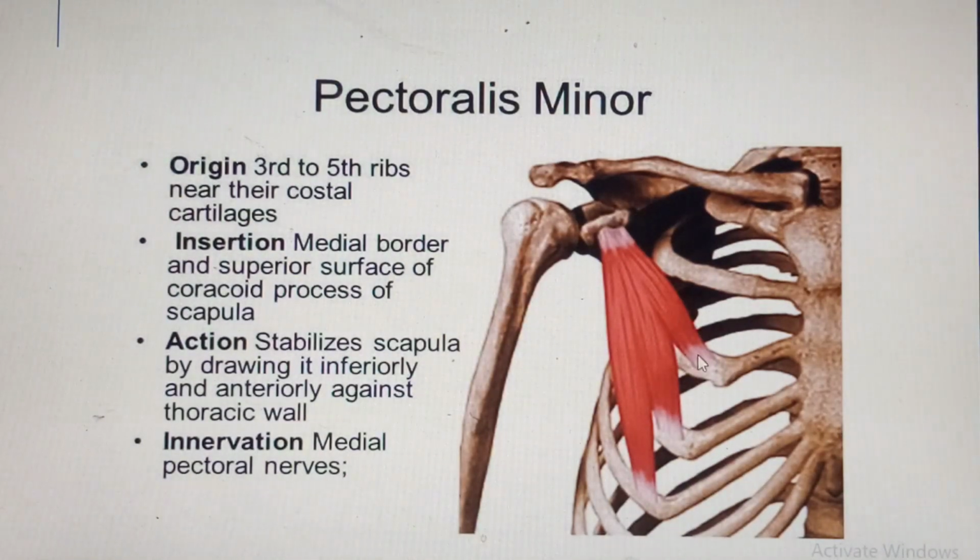Then, apart from that, if I cut and reflect the pectoralis major muscle, deep to it, taking attachment from ribs 3, 4, and 5, back close to the costal cartilages, will be the pectoralis minor muscle, and that pectoralis minor muscle is going to insert on the coracoid process of the scapula.